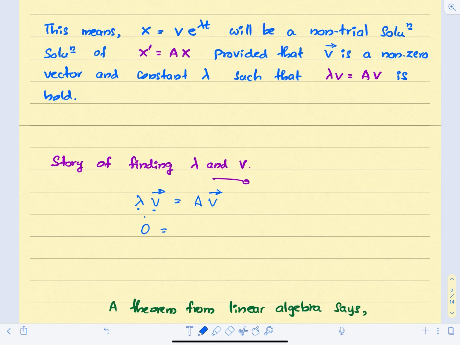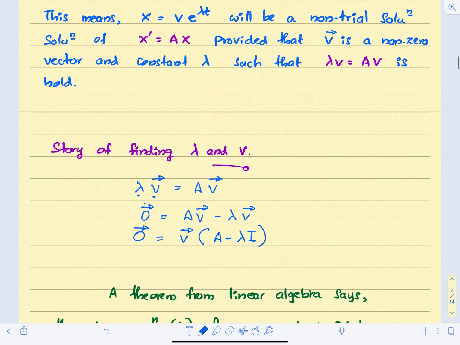Then we have 0 equals A times v minus lambda times vector v, and we can factor out vector v. This should be a vector, because we are subtracting two vector quantities, so we should get the 0 vector. But now if we factor out vector v, you will get A minus lambda, but lambda is a scalar and A is a matrix, so we should attach the identity matrix to lambda.